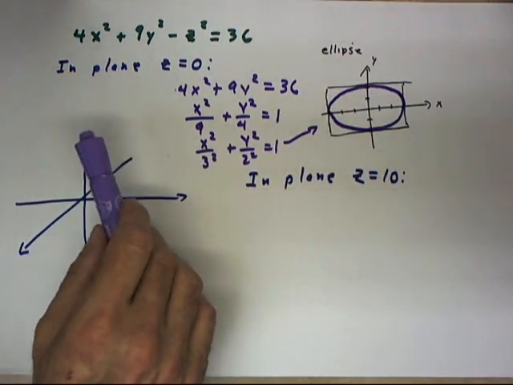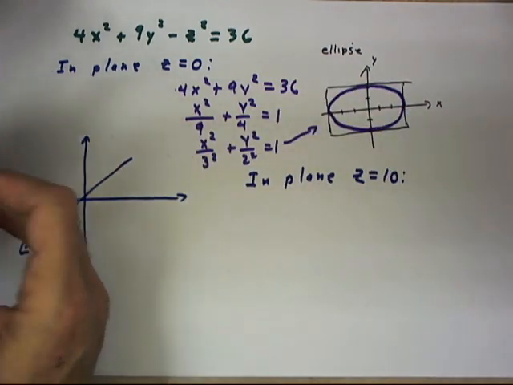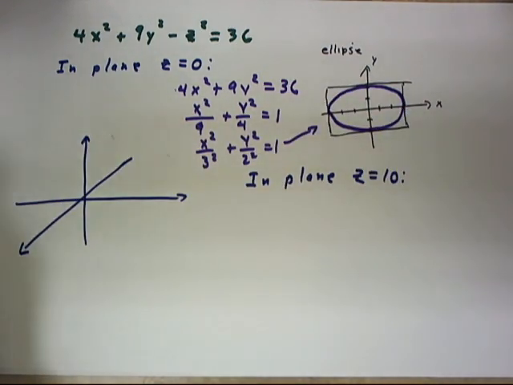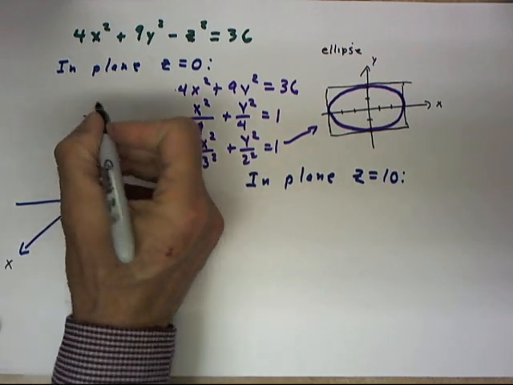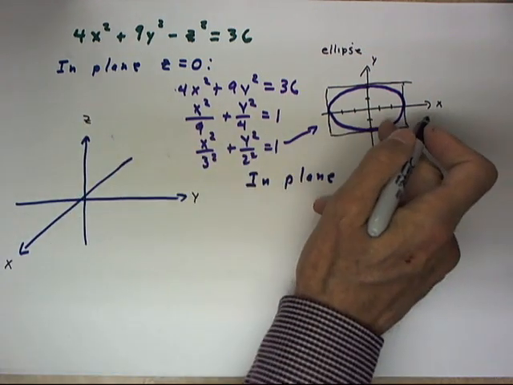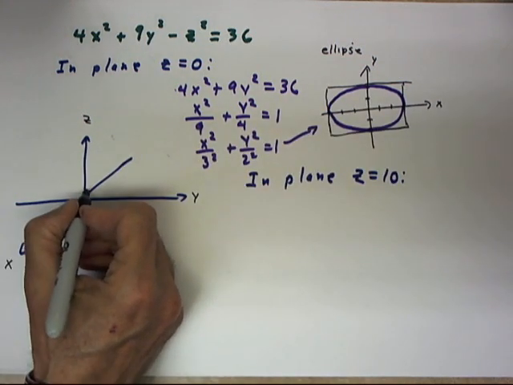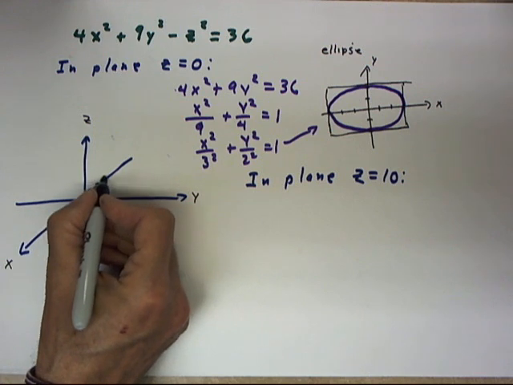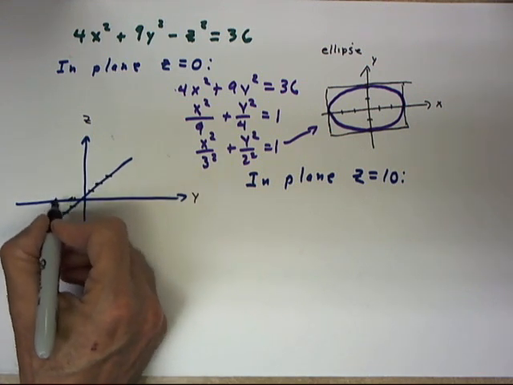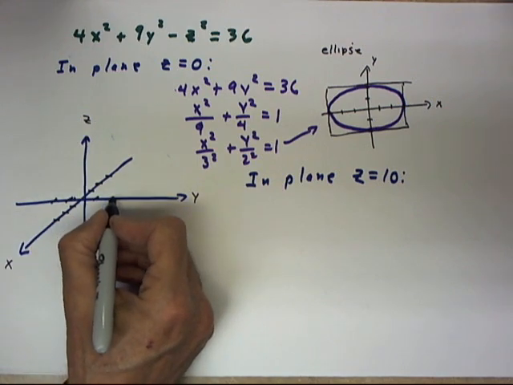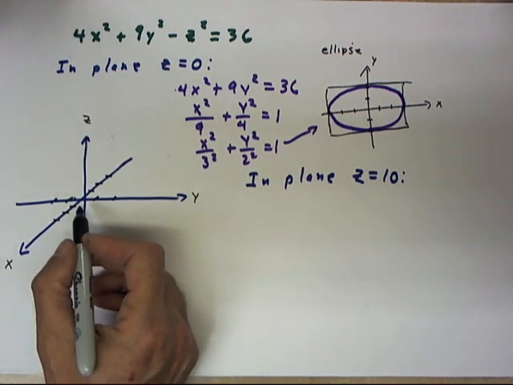Now, there's the ellipse. How do we represent that on a 3-dimensional picture? If this is x, this is y, and this is z, what do we do? Well, the same thing we did here. We mark off 3 units on the x-axis, 3 units on the negative x-axis, 2 units on the y-axis in both directions from the origin, and we sketch the corresponding rectangle.